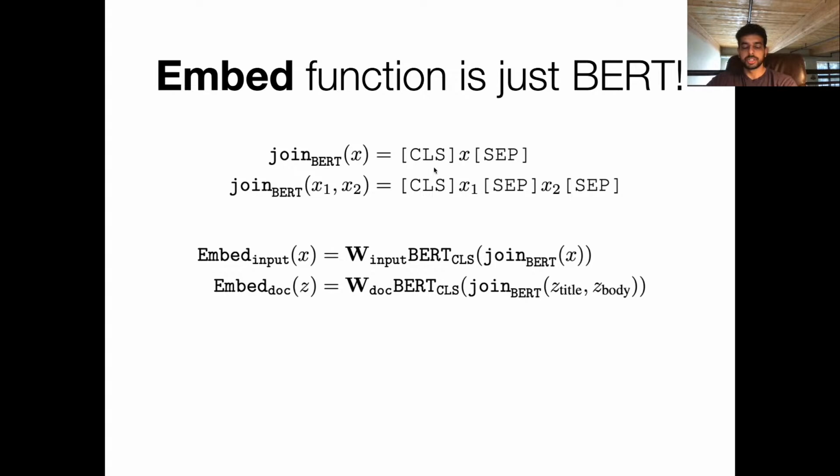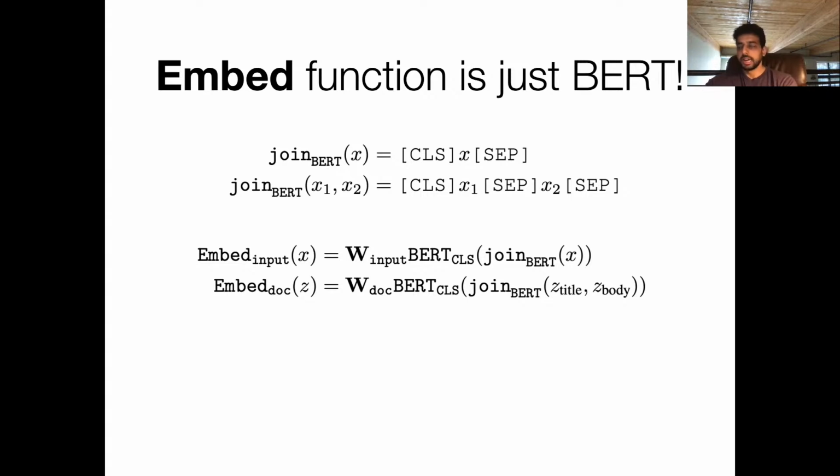You encode your input using the CLS token of what you get when you pass in the CLS followed by the input and a separator token. You encode a document by taking the CLS token of passing in the title of the document followed by the text of that document.